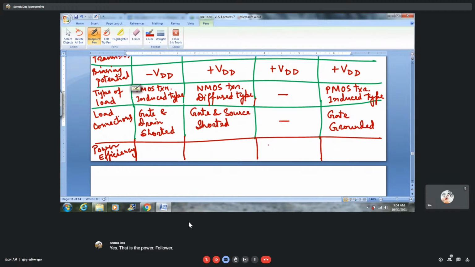For CMOS circuit, it is ideally 100% power efficient.